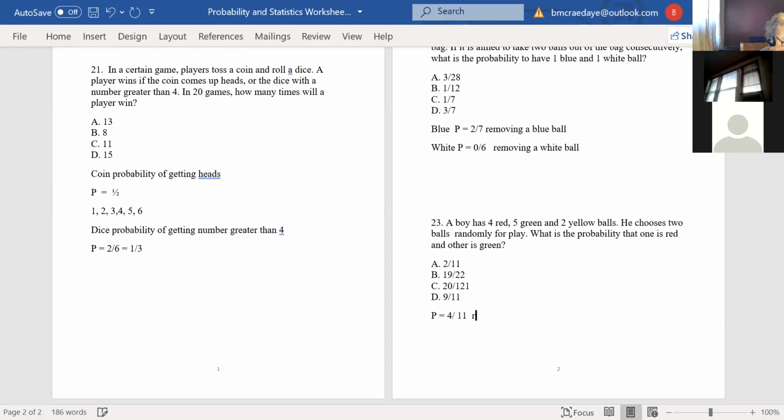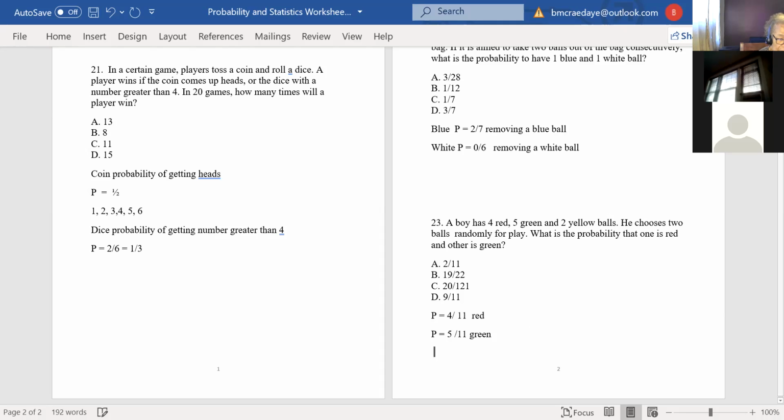That would be red. Okay. P equals, and the green would be 5 over 11. That would be green. So the probability one is red and one is green would be 4/11 times 5/11.